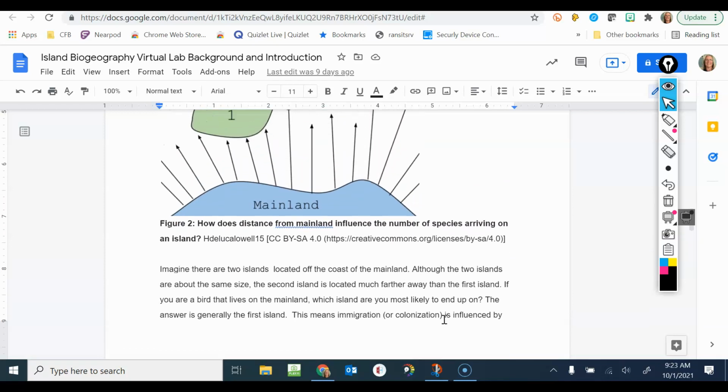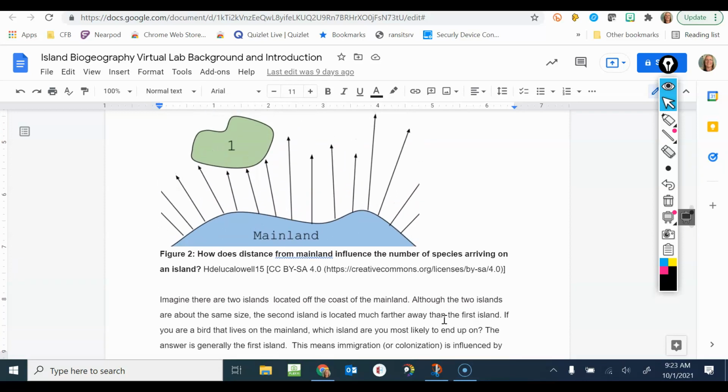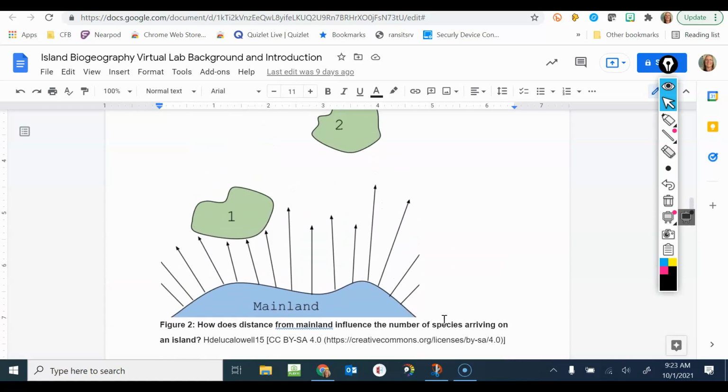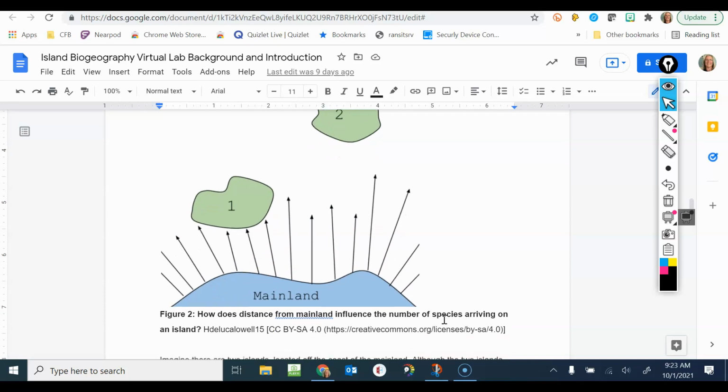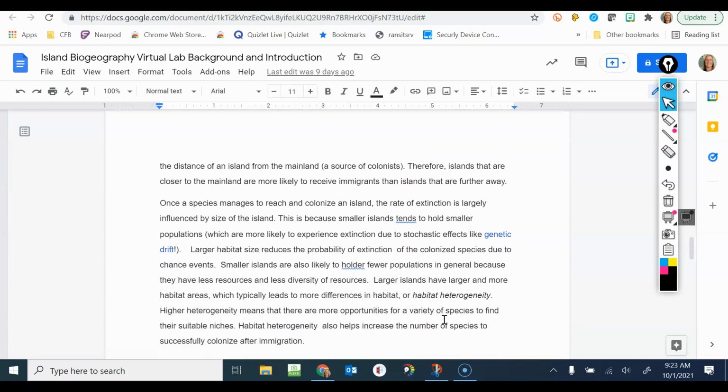It makes sense that the island that is closer to the mainland would get a greater number of species, just because those species do not have a farther distance across ocean to travel before they can find a place to live. Then, once a species manages to reach an island and colonize it, the rate of extinction is largely influenced by the size of the island.